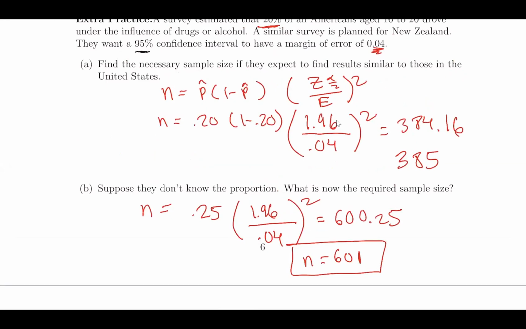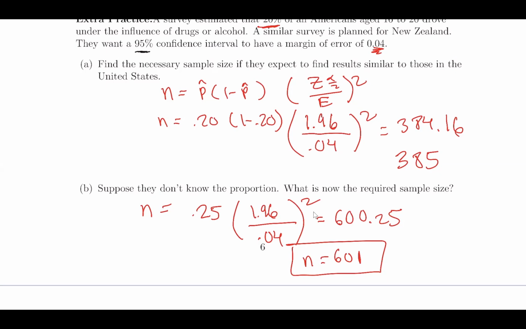All right. So before we move on, I want you to notice the big difference that happened if I do know the sample proportion or if I don't know the sample proportion. If I do know the sample proportion, we only had to do a sample size of 384. But if I don't know the sample proportion, now we're doing a sample size of 601. It's not double, but it's almost 32% more than what we originally had.